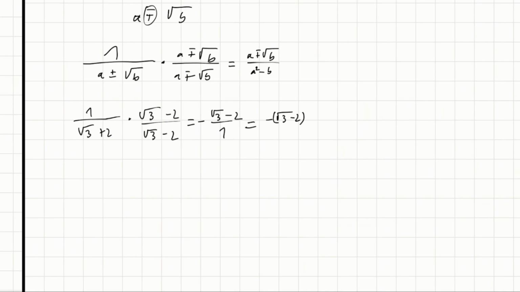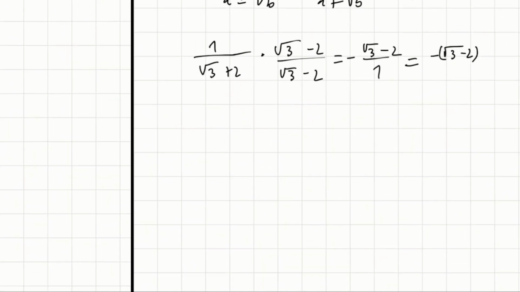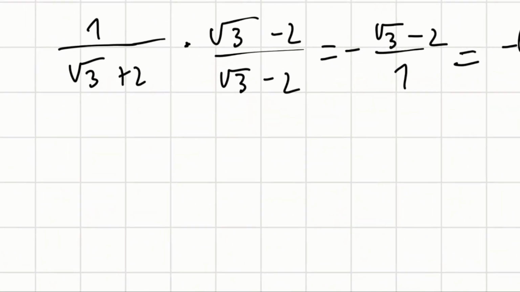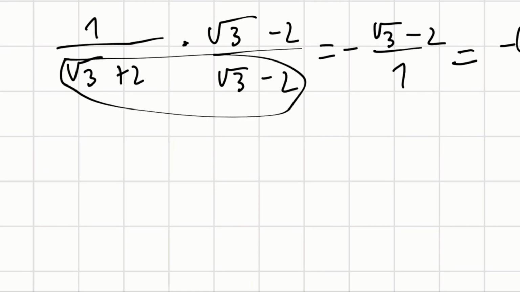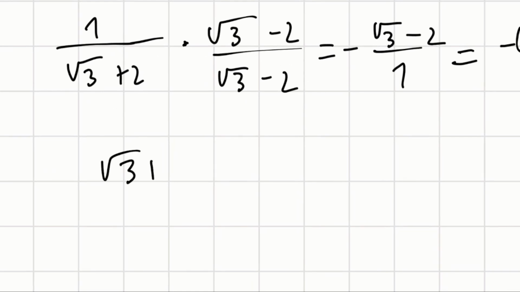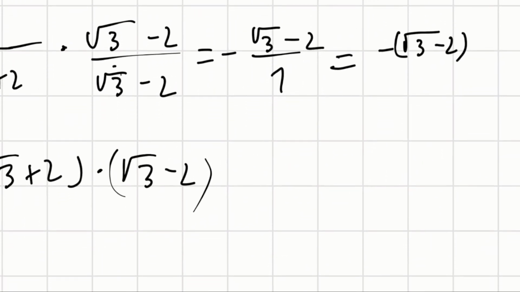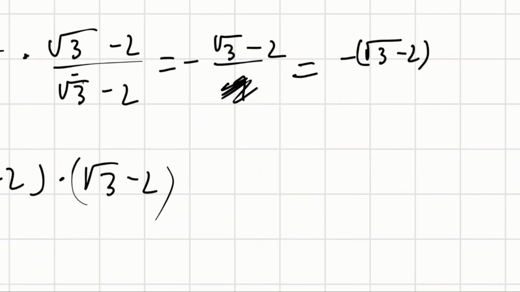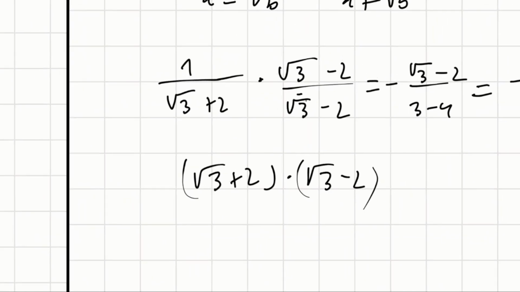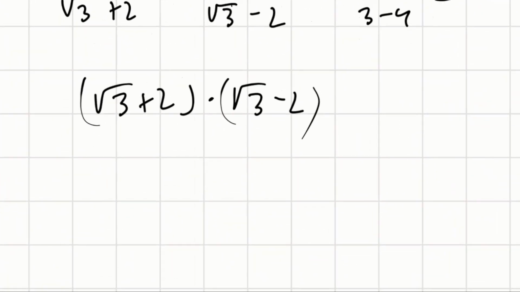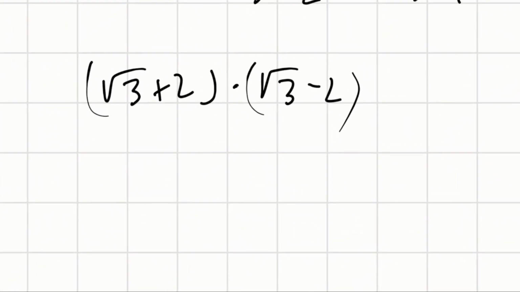Let's have a look at another example. If we, for example, say we have a product of this thing here, maybe because you don't understand this, we know this is nothing else than this, right? Now try to understand why this expression, what we did here, so we said this is nothing else than 3 minus 4, why this is true. This is true because this is nothing else than a binomial formula.